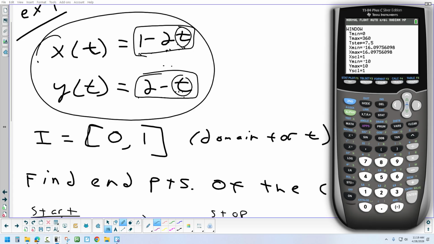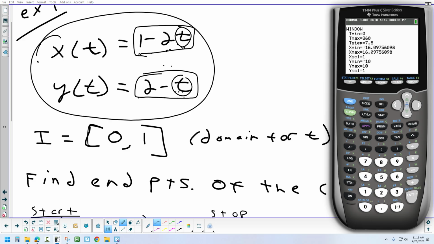Now, when you press window, there's a lot of things there we've seen before. There's a couple things that are new. What's something up there that's new? Yeah, t min max. In addition to the x min max and y min max, now we have a t min max. We also have a t step.